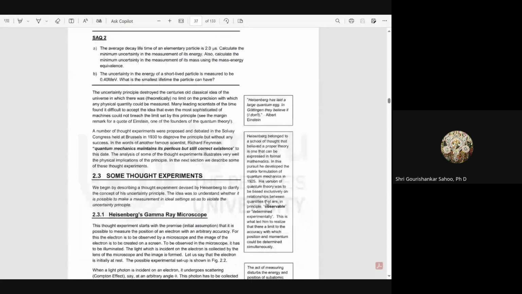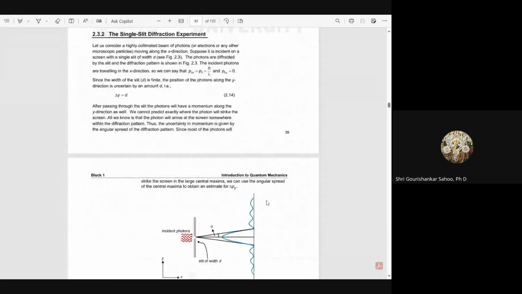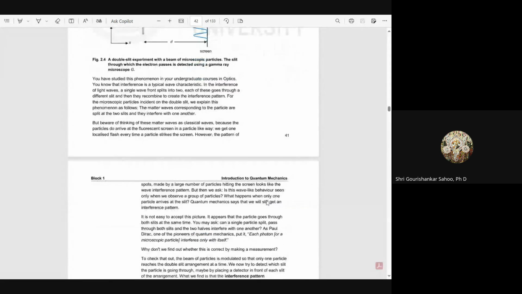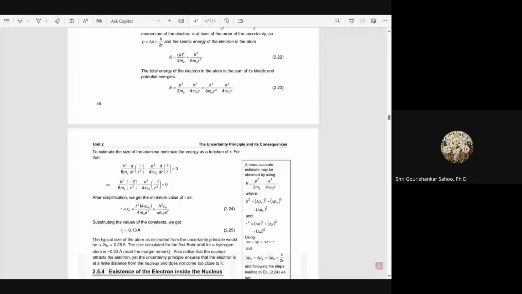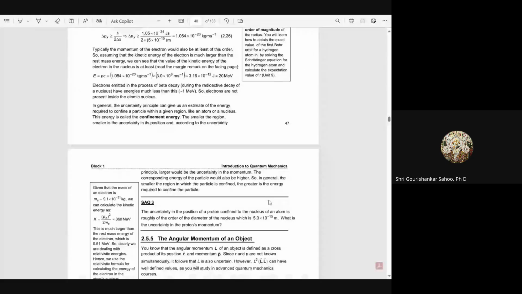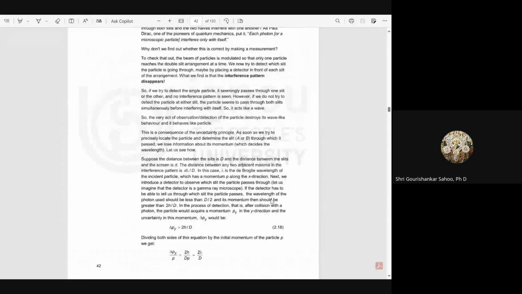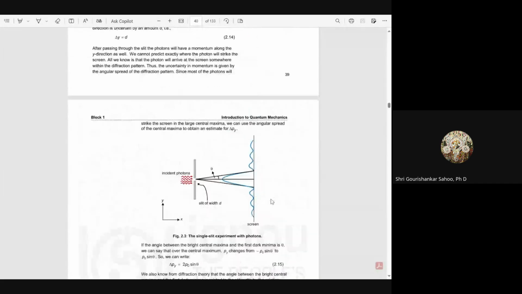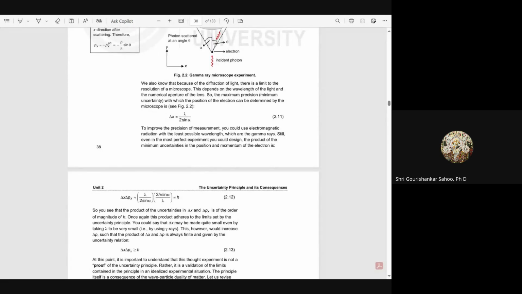Let us picture this. Suppose there is an electron. Okay, so the electron is moving. Electron cannot be static.